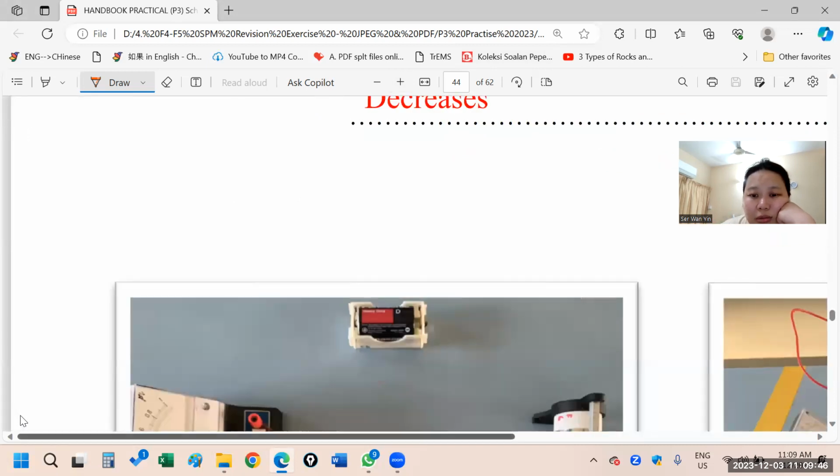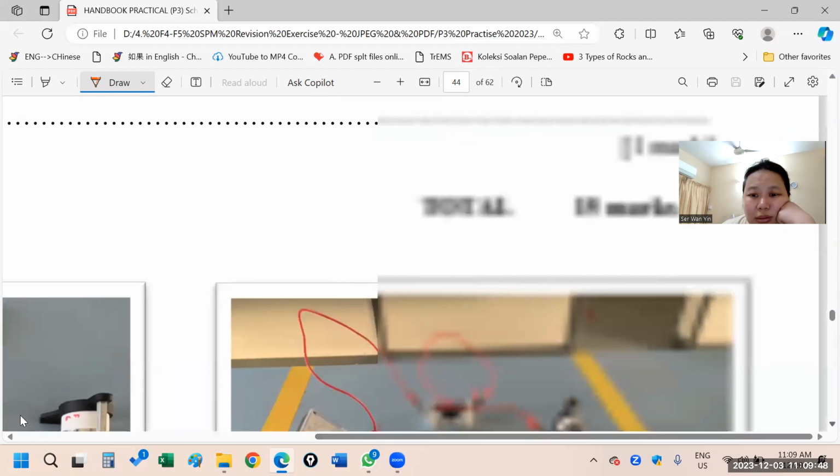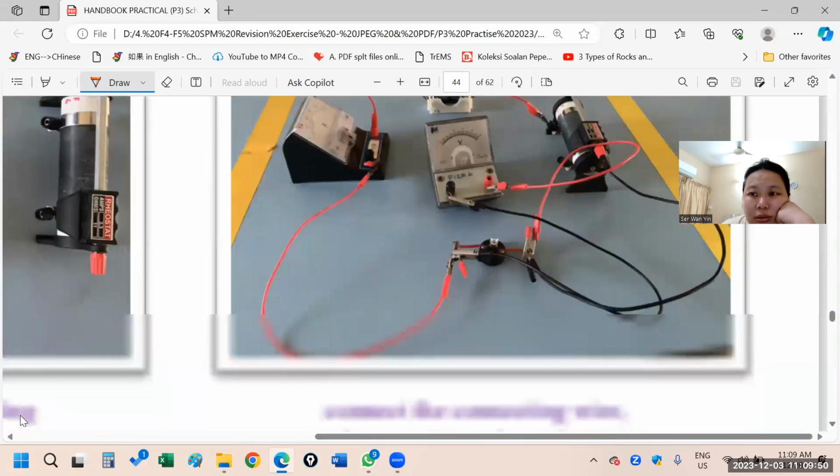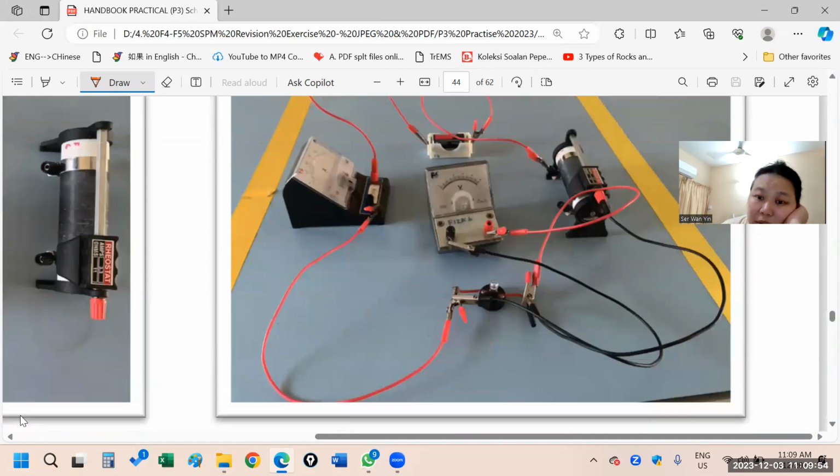Then how to make parallel? You can see this diagram. Parallel goes across the light bulb, like this.